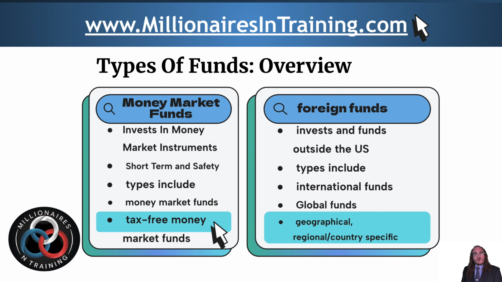So what about money market funds? Well, money market funds are for investors who are seeking capital preservation and or liquidity. So basically, our investors need the money soon. Our two main types are traditional money market funds that invest in short-term debt such as commercial paper, T-bills, etc. A tax-free money market fund invests in short-term municipal debt, for example, like a revenue anticipation note.